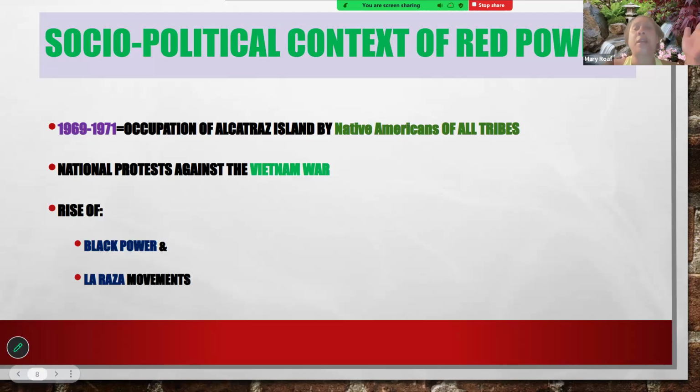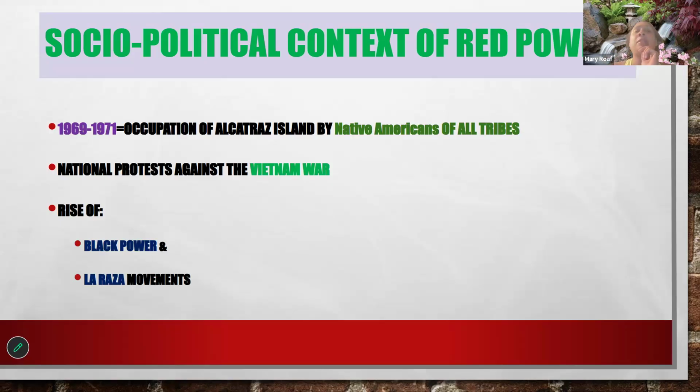So the social political context of the Red Power movement is that there's a little bit of a timeline from 1969 to 1971. We have Native AIM members, American Indian Movement, occupying the island of Alcatraz, and Native Turtle Islanders from all tribes doing that right in the San Francisco Bay Area.